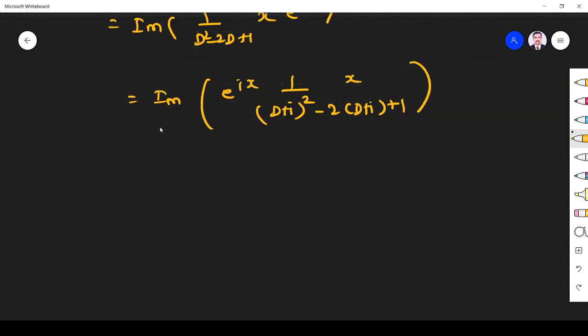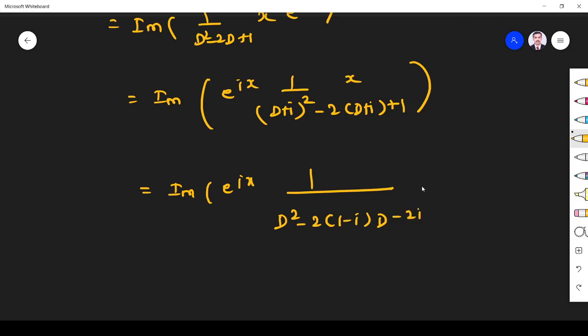So now, the imaginary part of e power ix. I simplify this, and it will be D squared minus 2 into (1 minus i) D minus 2i, into x.